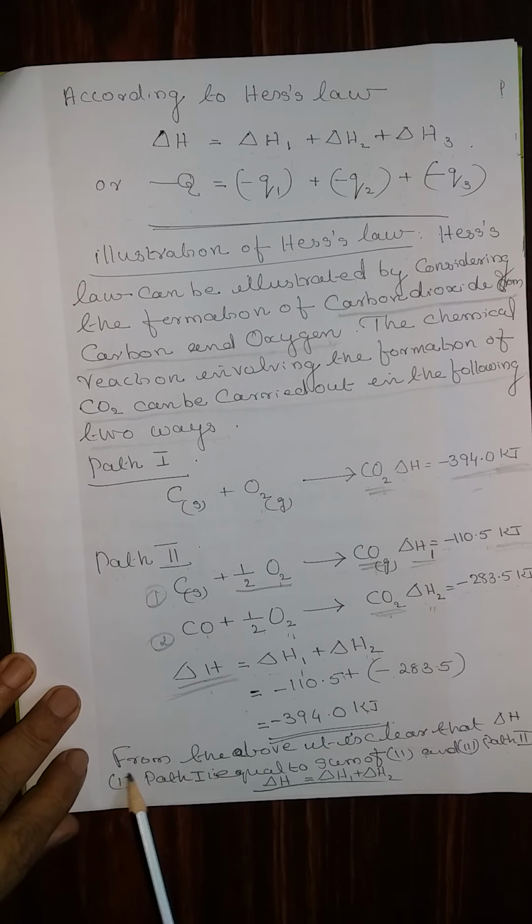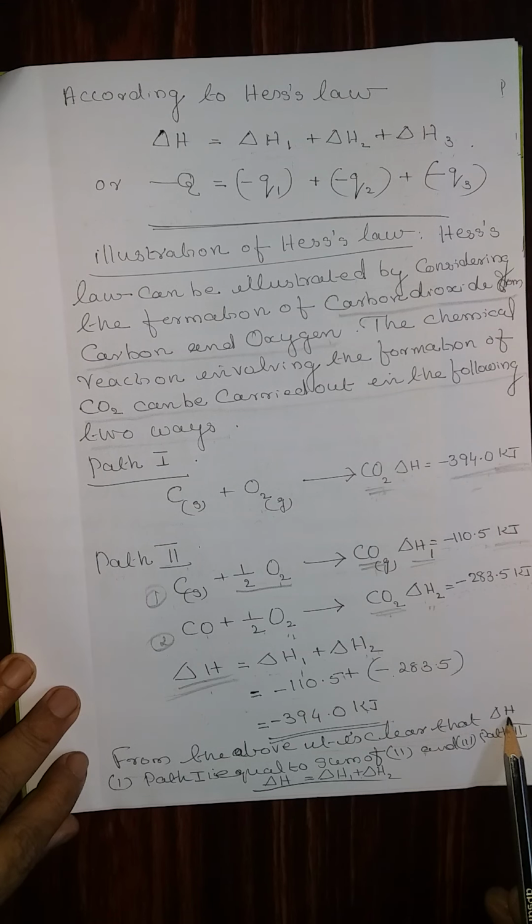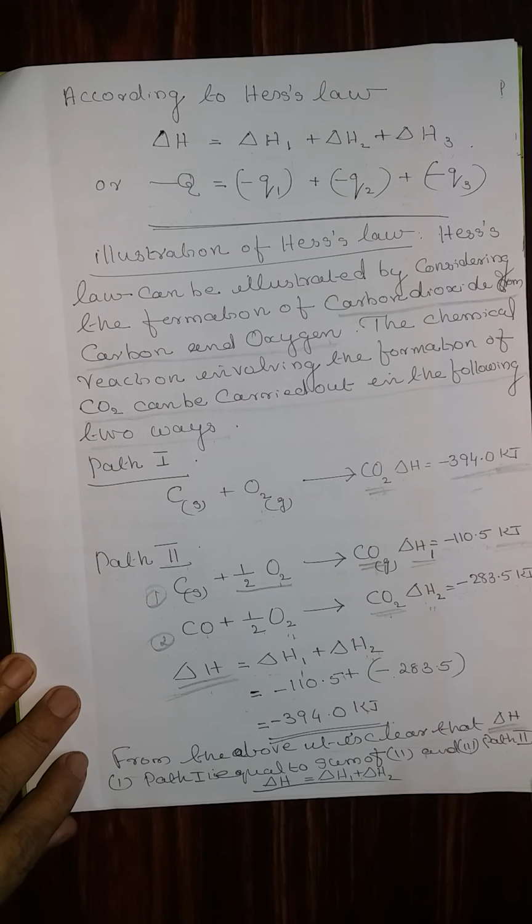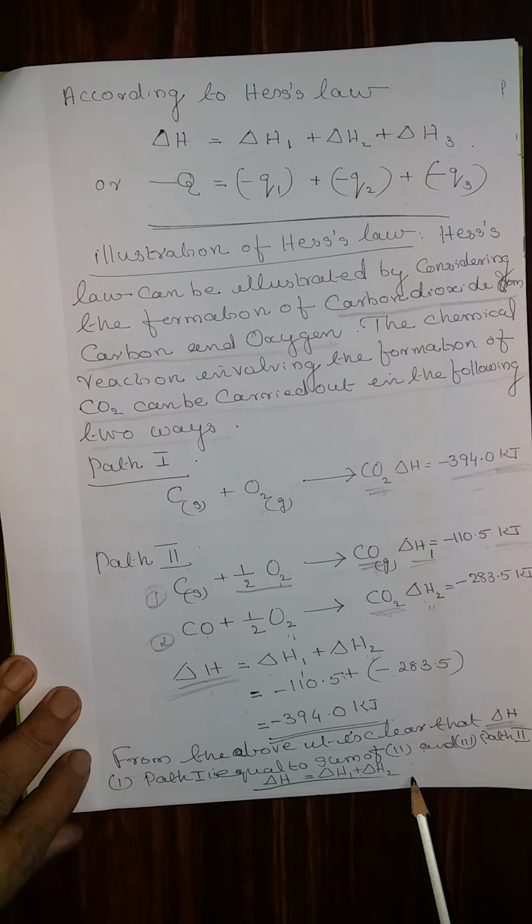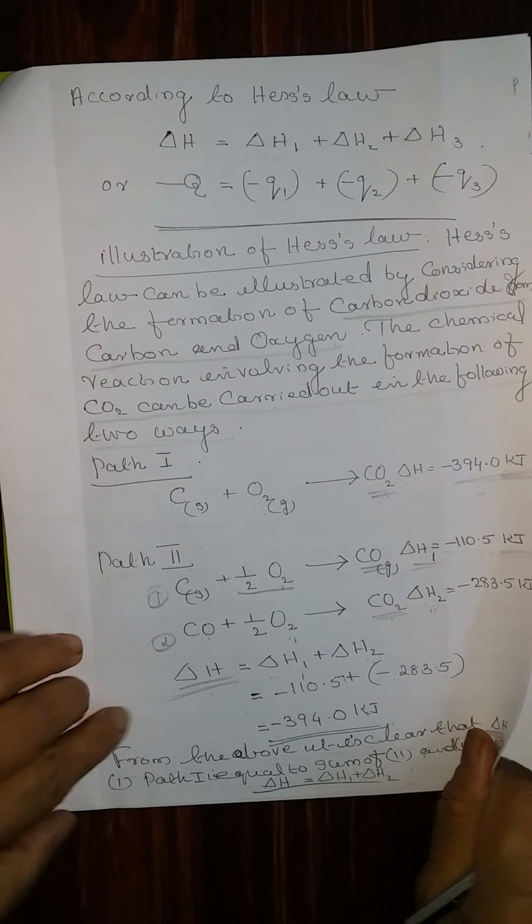From the above, it is clear that delta H, whether the reaction is conducted in one step or in two steps, delta H1 and delta H2, both are the same, verifying Hess's law.